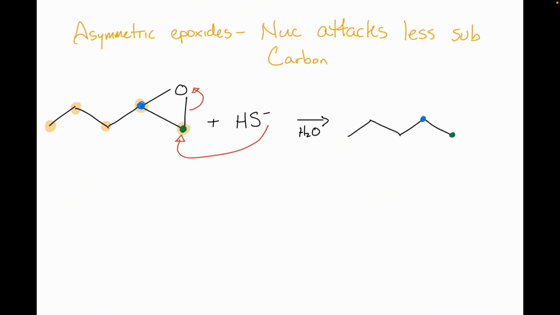My green carbon has that new nucleophile carbon bond. And it's a negative nucleophile, so I just replace that negative charge with a bond. And then the blue carbon still has that epoxide oxygen attached to it, so that's where my OH group forms.